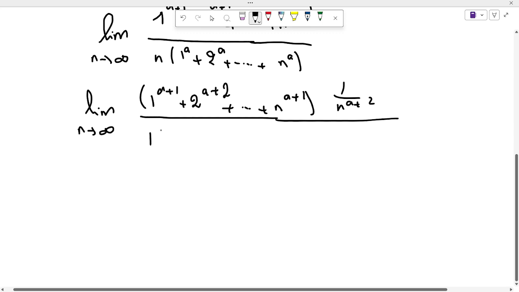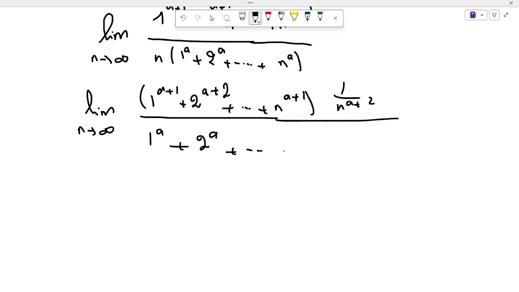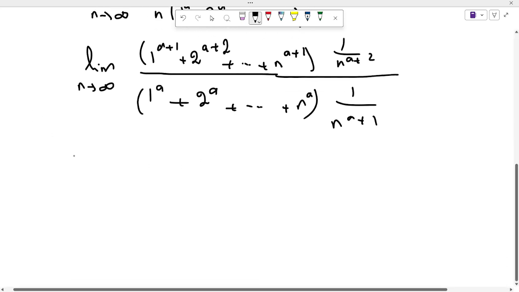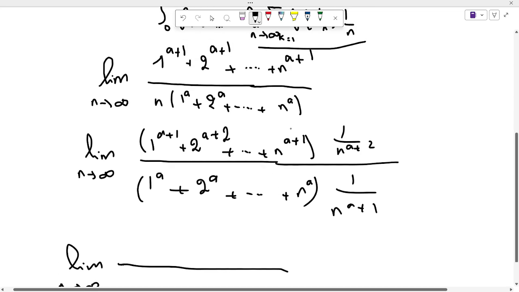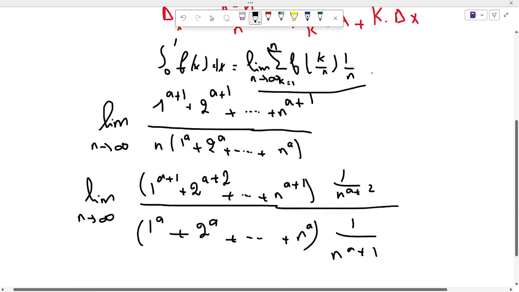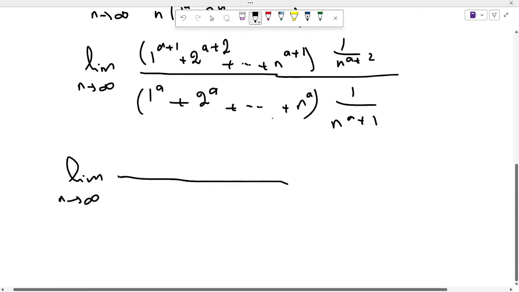So all times 1 over n to the power a plus 2. And basically that's 1 to the power a plus 2 to the power a plus until n to the power a, all times 1 over n to the power a plus 1. The n and n to the power a plus 2 simplify to get n to the power a plus 1. And that's the same as the limit as n goes to infinity of, so now I'm going to show the 1 over n that I have right here in my formula.